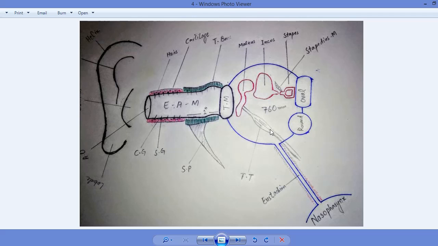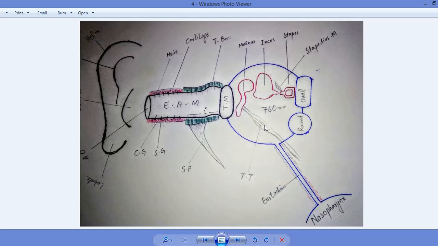The tympanic reflex is started by a nerve. The tensor tympani is attached with a neuron, and both sensory and motor neurons are responsible for this tympanic reflex.